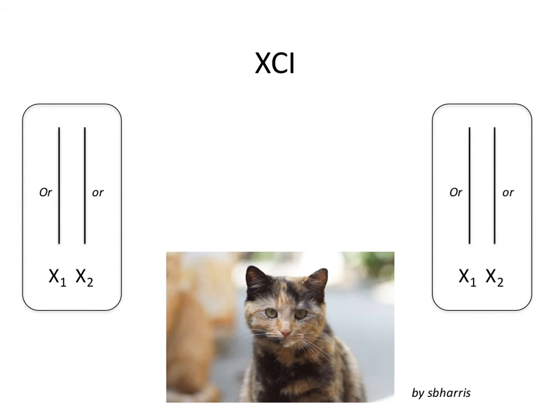So X chromosome inactivation. Started with a cat, we end with a cat. Calico cat. At the start of class, we saw a movie that said that X chromosomes get randomly turned off in females at a certain age during development.